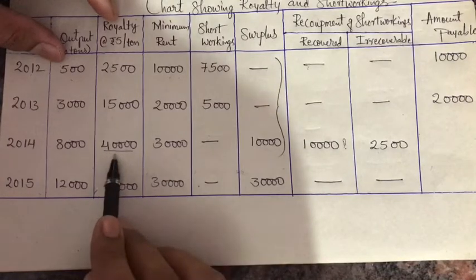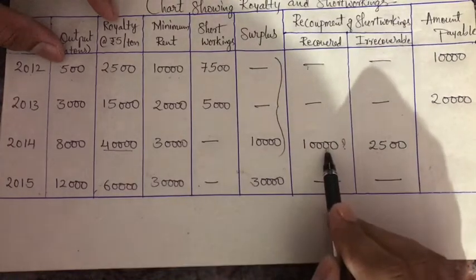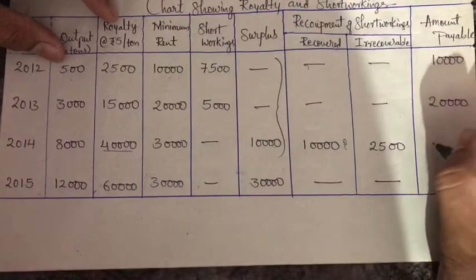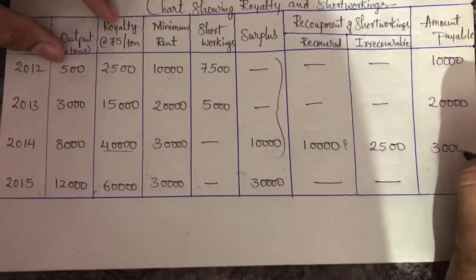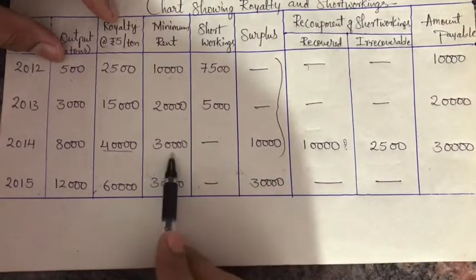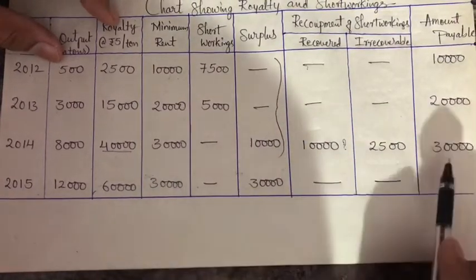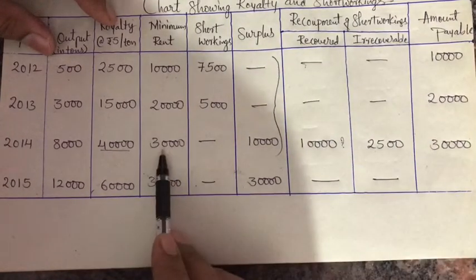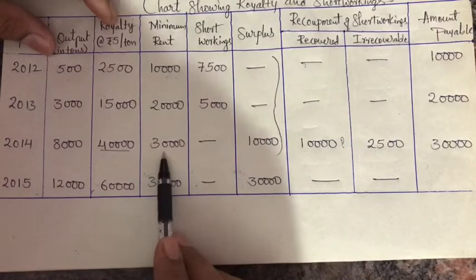Out of 40,000 we have recovered 10,000, and after deducting the 10,000, 30,000 is payable. See, in no case will the amount payable be lesser than minimum rent. It will be either equal to minimum rent or greater than minimum rent, but in no case lesser than minimum rent.